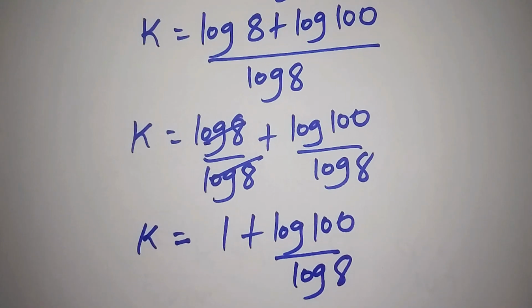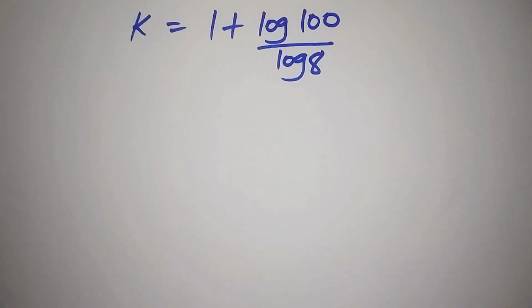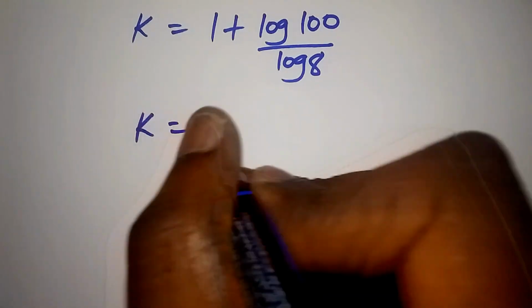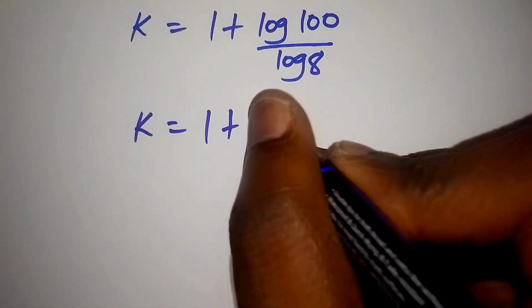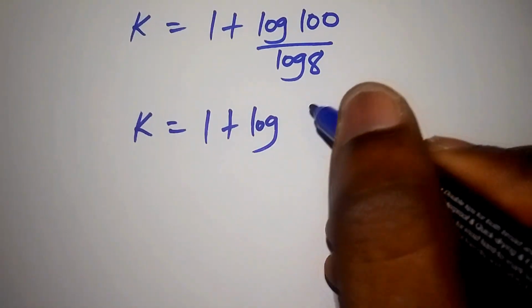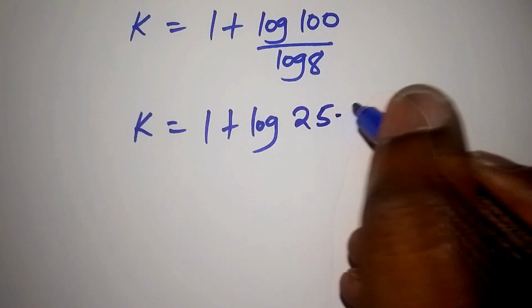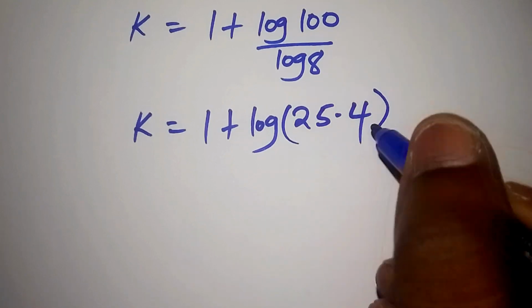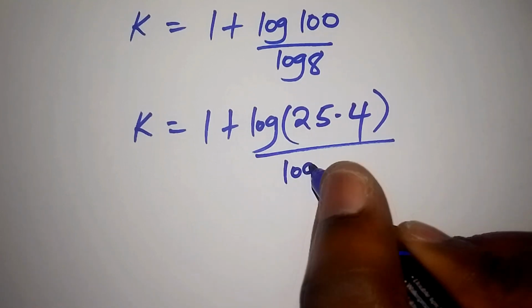So next we shall say that k is equal to 1 plus, the log of 100 can also be written as the log of 25 multiplied by 4, all over the log of 8.